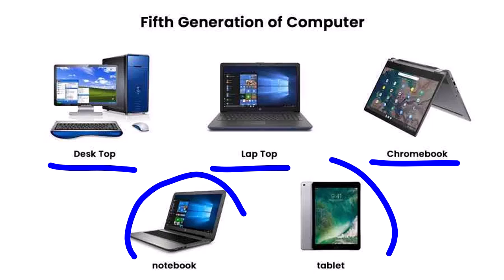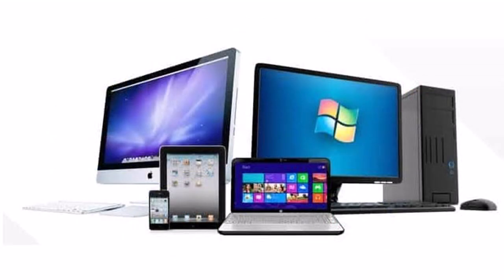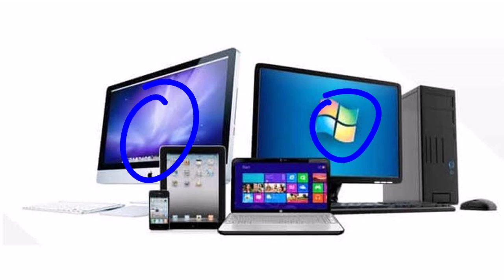But most of the technologies, excluding the artificial intelligence and others, are the technologies of the fourth generation computers, which is the microprocessor and complex integrated circuit. These are other computers, and this is Windows, while this is Mac.